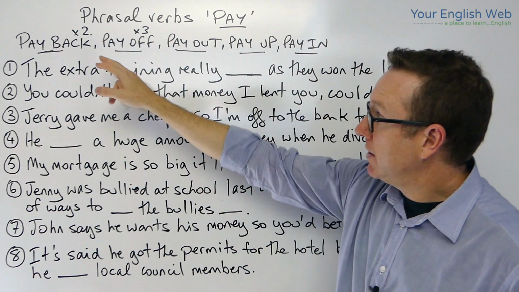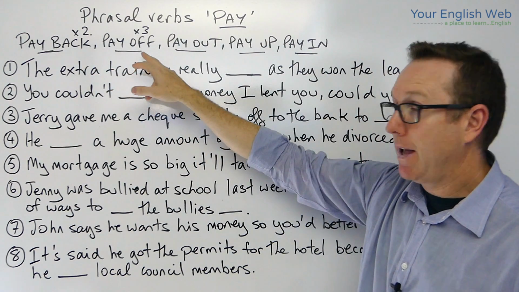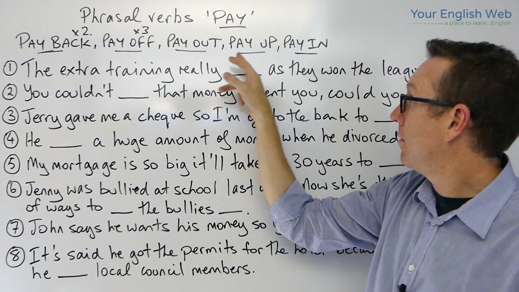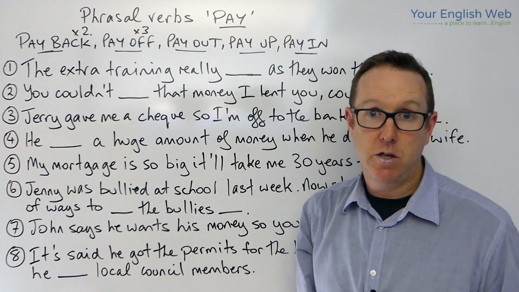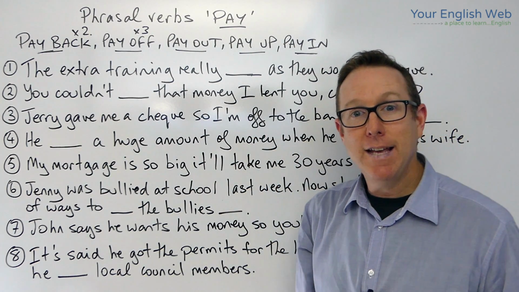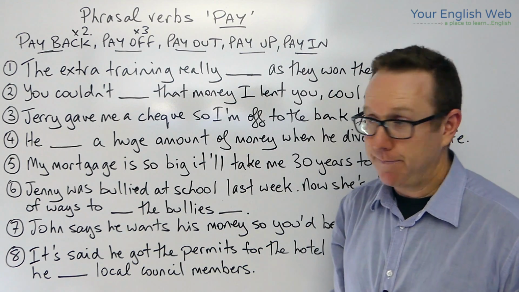But the bad news is that pay back has 2 definitions, pay off has 3, but pay out, pay up, and pay in only have 1 real definition. So in that sense, this is one of the easiest phrasal verbs to remember, let's say.